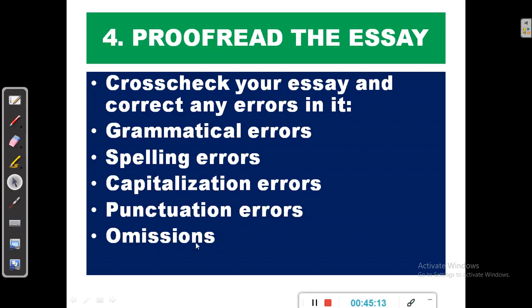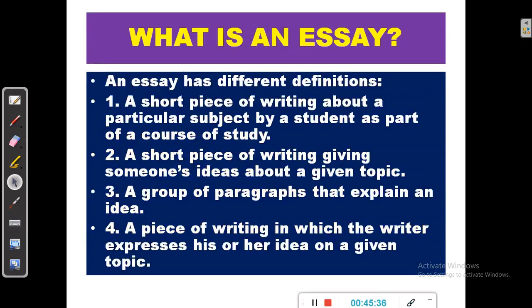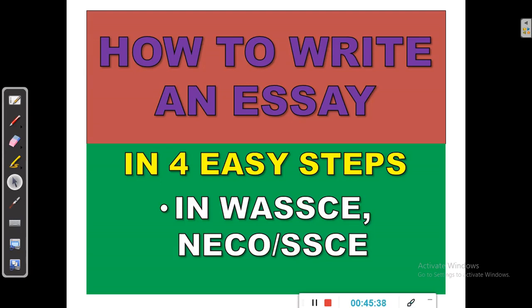Then you check for omissions and correct all the errors. And once you correct all the errors and ensure that your essay is complete and correct, then of course you submit.